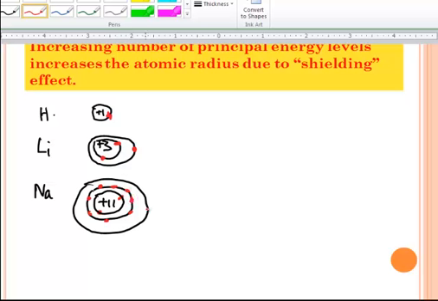I don't want to miss one of them, and 1 here. And this kind of argument, if you're drawing on paper, becomes obvious. As the number of rings, the principal energy level, increases, the radius starts to increase.